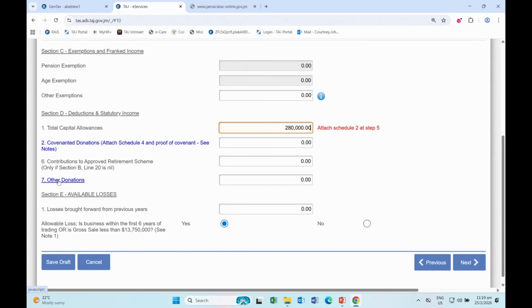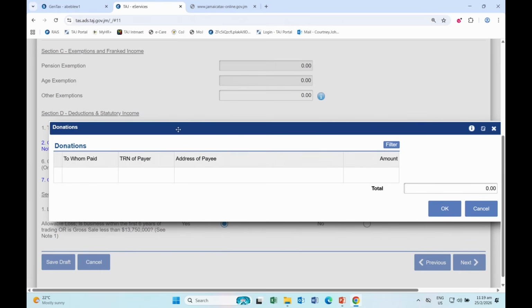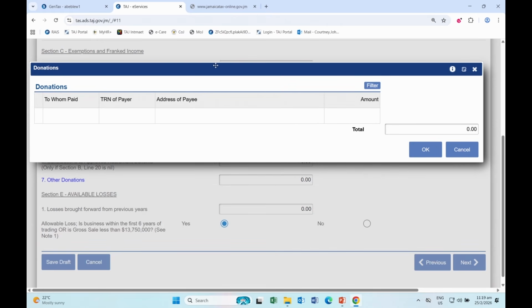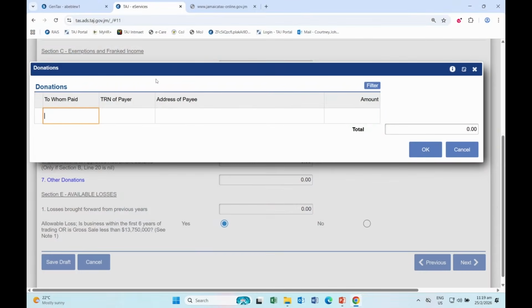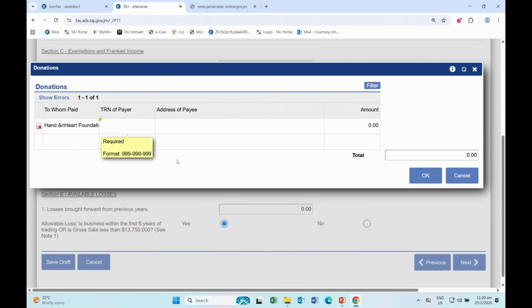So he also had donations. What I should point out where donations are concerned, you're not allowed just any amount for donations, because really and truly donations are restricted to 5% of your statutory income. If you're trying to claim more than that, the system is going to tell you that it's too much, and we're going to test that. All right, so he paid it to the Hands and Heart Foundation. All right, the TRN.